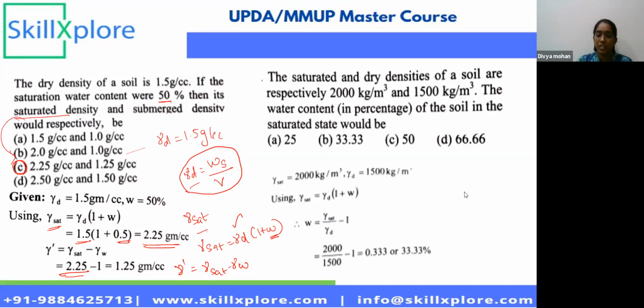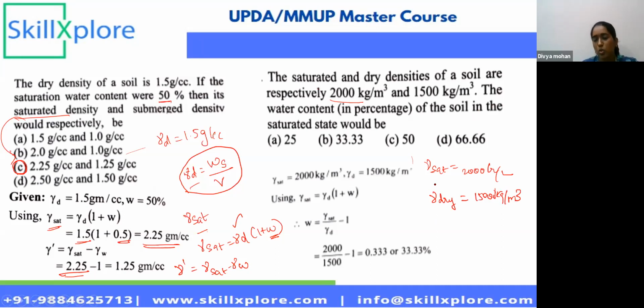And next problem. Here they have given the saturated and dry density of the soil. Gamma sat is 2000 kg per meter cube and gamma dry is 1500 kg per meter cube, and they ask for the water content of the soil.